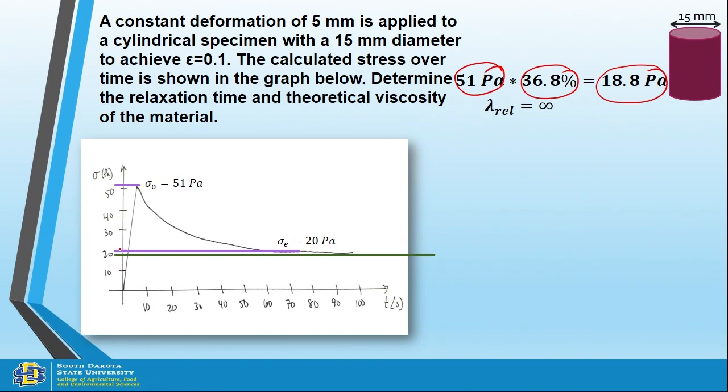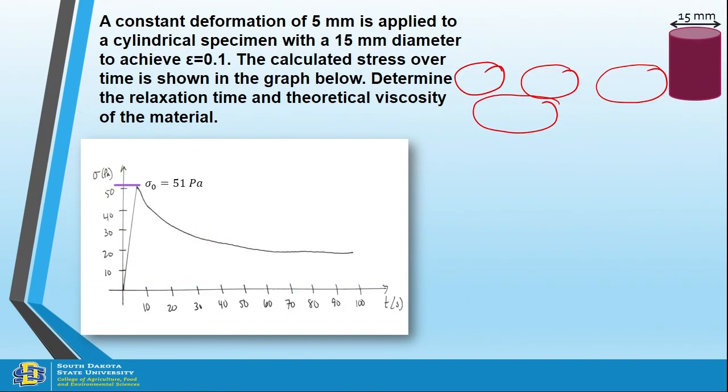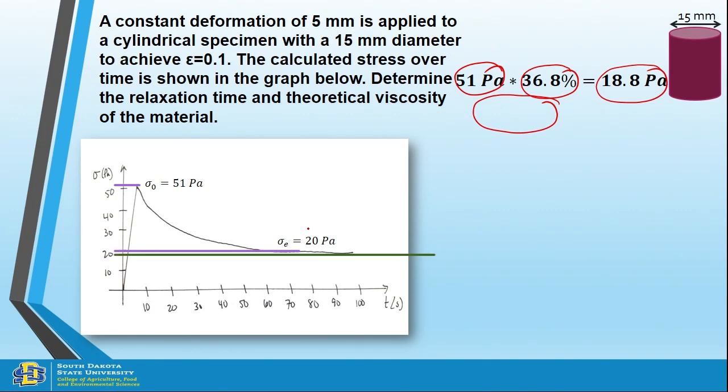So you follow the 18.8 Pascal line. So the tau relaxation is infinity. It's not even touching that. Because if you go back, the equilibrium is 20 Pascal, and 18.8 is below that, so it's not even touching. So that's why your relaxation time is infinity.